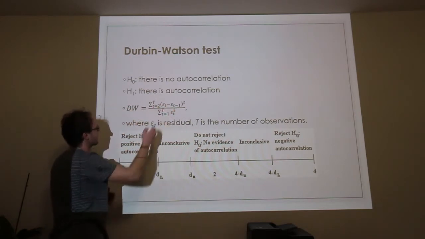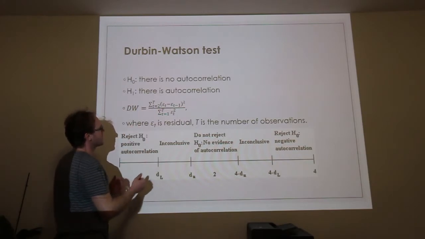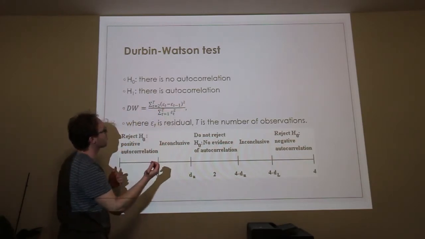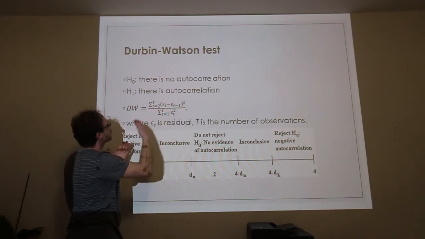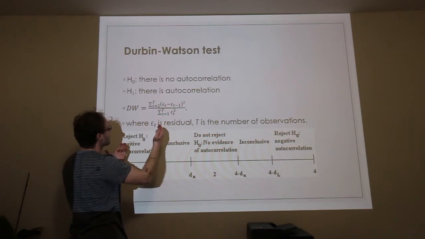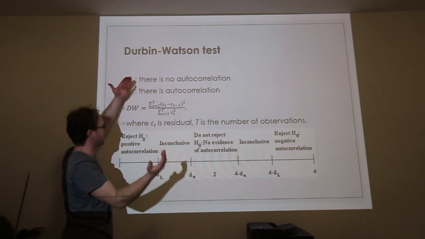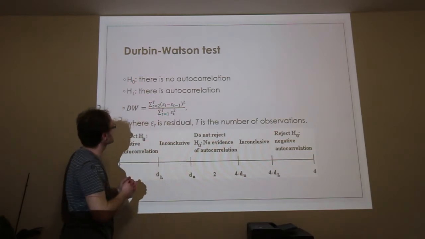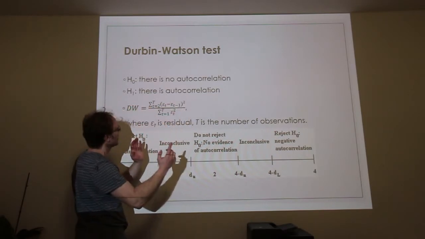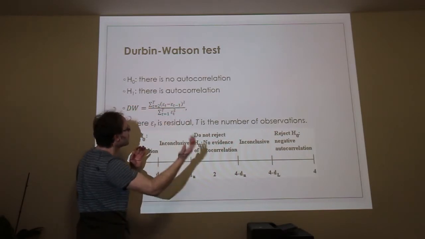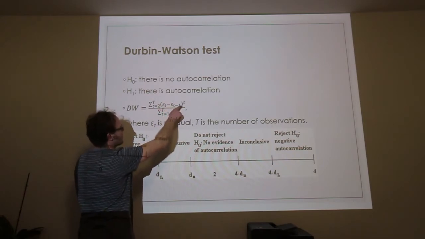The test statistic designed by Durbin and Watson is calculated according to this formula. We can see that there is a summation through time t equal to 2 until the period T, the end of our analyzed time series. Summation of squared differences between epsilon in time t and epsilon in time t minus 1.